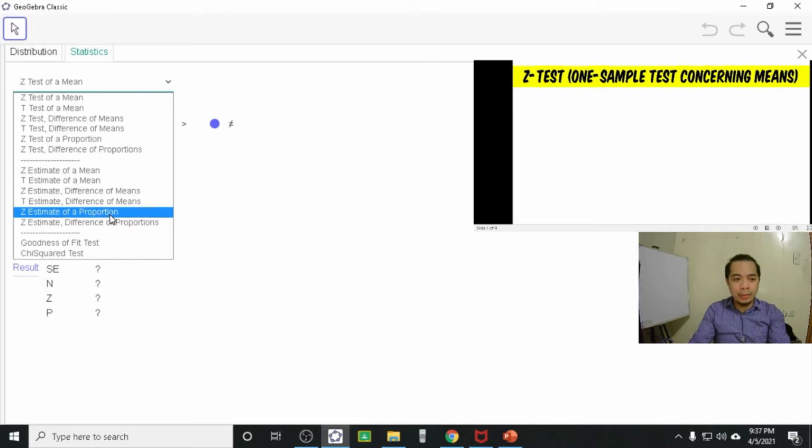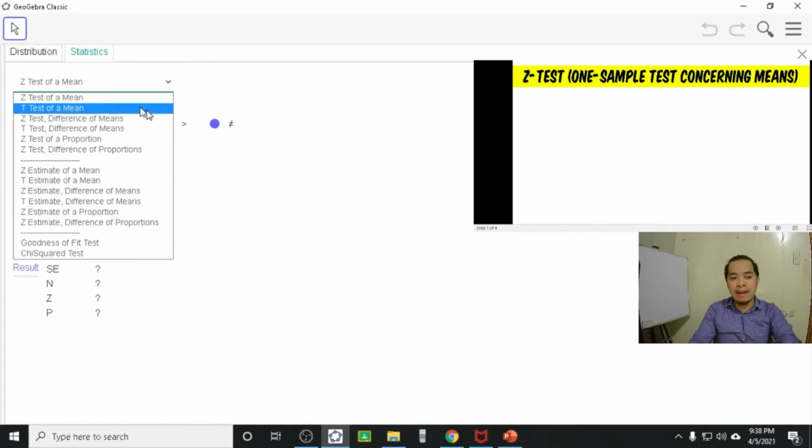Anyway, I will not be showing all of these. I will just be demonstrating some of the most common hypothesis tests and also the most common estimation techniques. Although all of these are common, what I will do is give you a problem, and then we identify which is appropriate, and then conduct the hypothesis test.